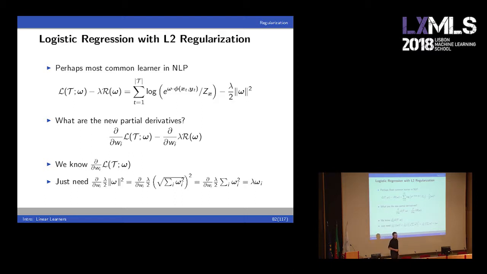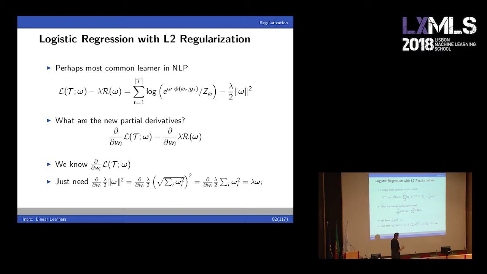The idea is so general that we can apply it to any of the algorithms that we have seen so far. For example, for the logistic regression objective, where we had a maximum likelihood term, we can just apply minus lambda half times the squared norm of the weight vector.